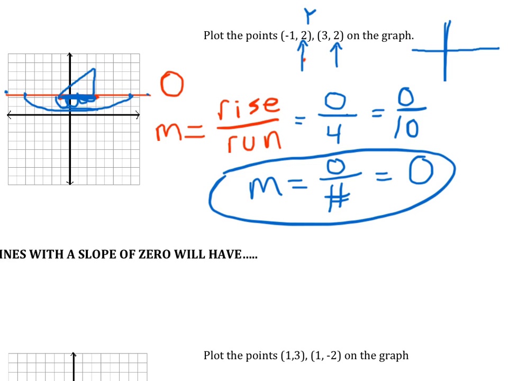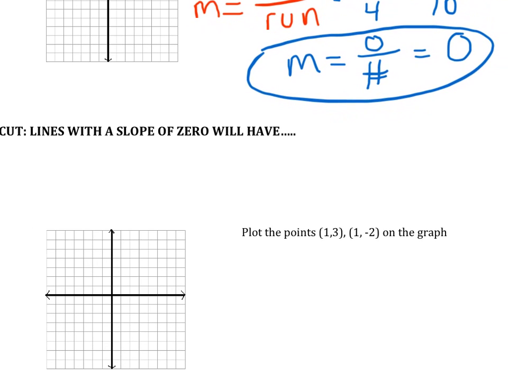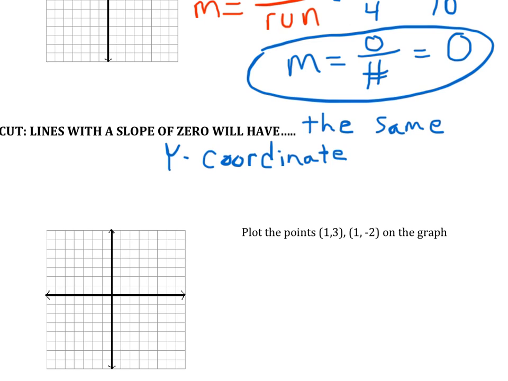So the shortcut for this is, lines with a slope of 0 have the same y coordinate in every ordered pair.